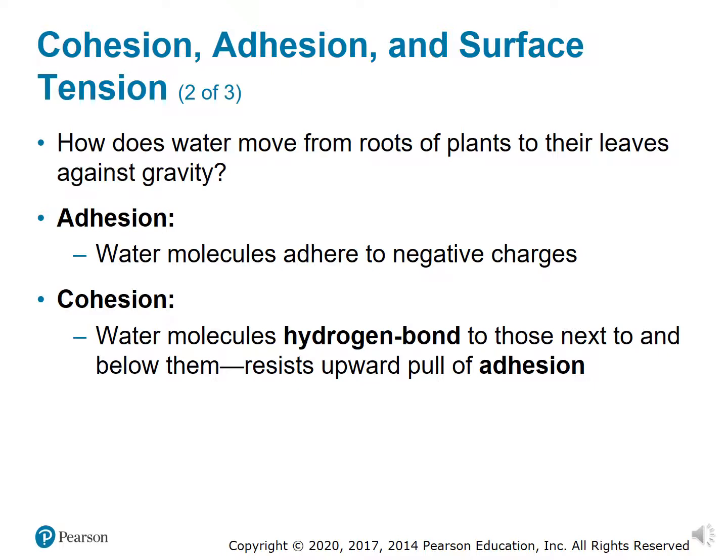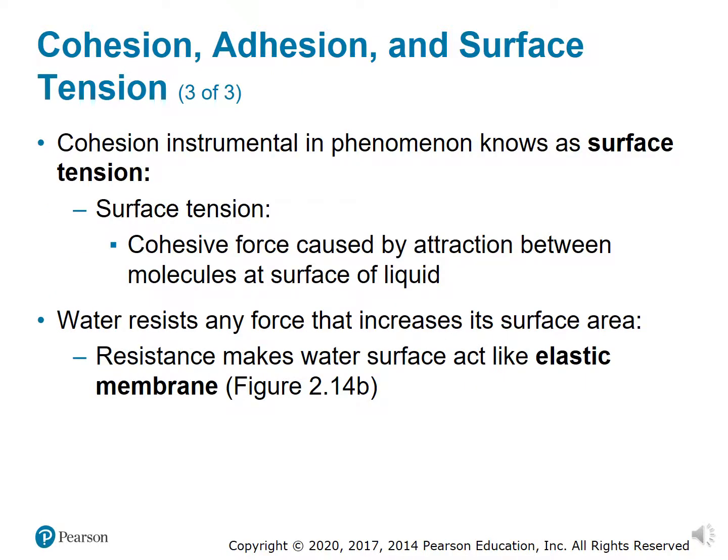They adhere to other molecules, like for example, if you're pouring water into a glass jar or plastic jar, water is attracted to the walls of the glass. When water is attracted to each other in cohesion, it creates surface tension.